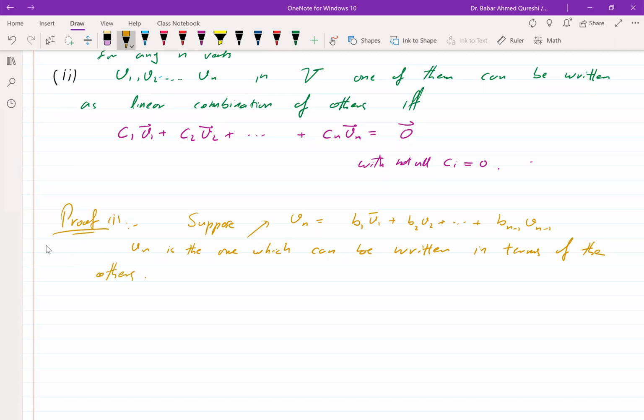That means that this will happen. Then any vector v, since our original vector span is this one, I can replace.